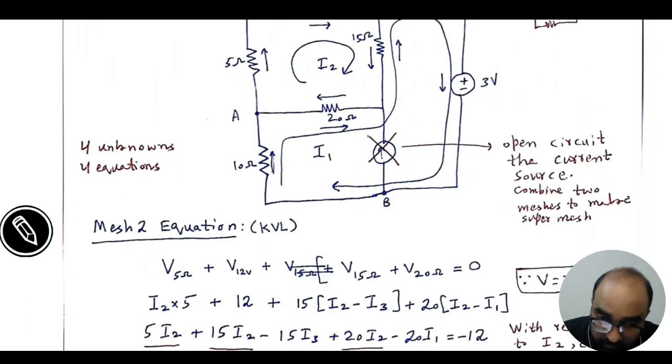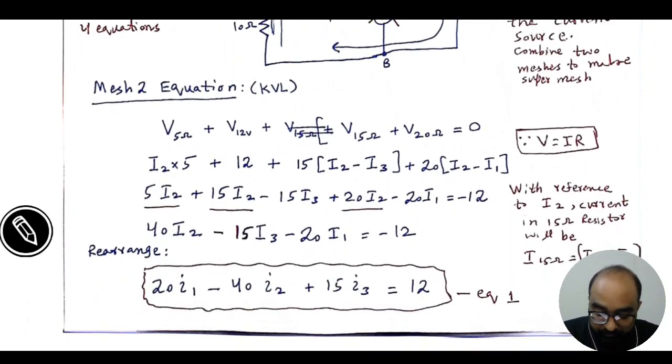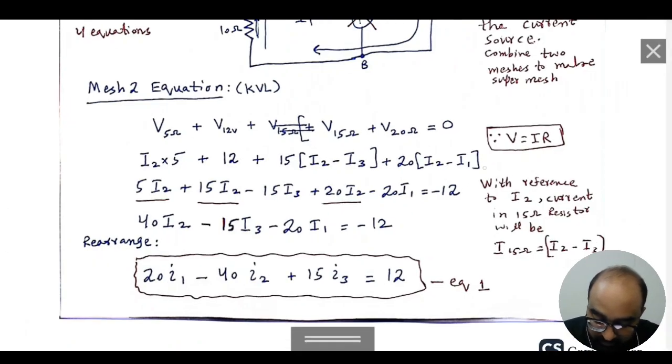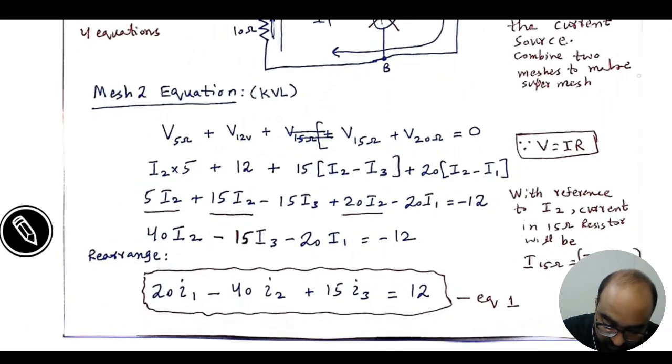Okay. Now come to resolution of this equation. By Ohm's law, we know V is equal to IR. We are going to apply this Ohm's law on our first equation. Here you can see V5, 5 is the resistance, and the current flowing through it is I2.